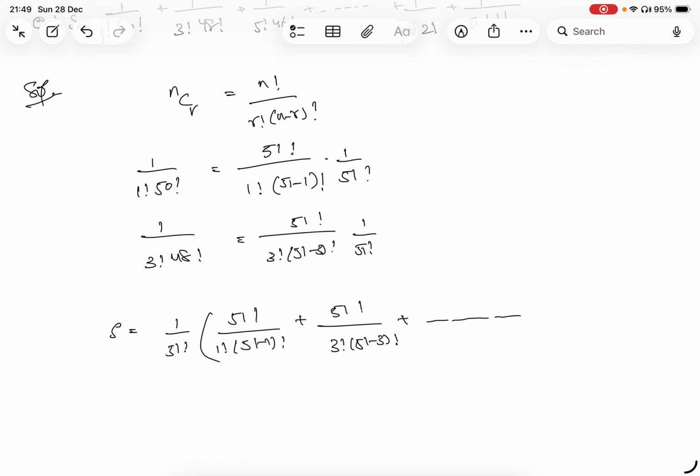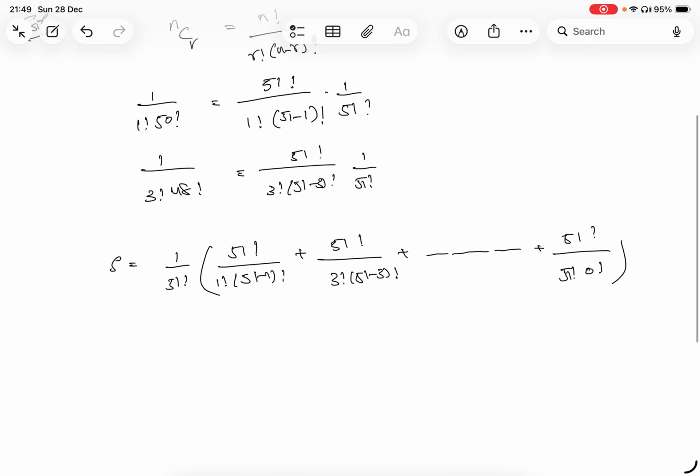The last term you can write as 51 factorial by 51 factorial into 0 factorial.